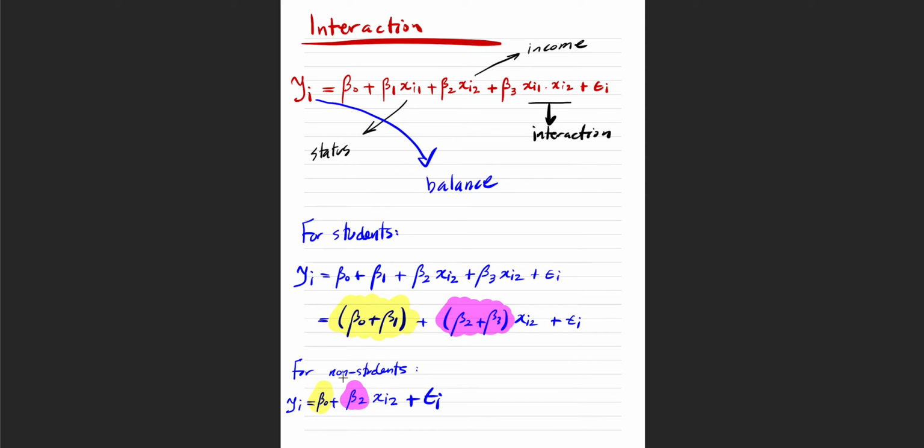So imagine you split the data into two pieces, one for observations which happen to have the status student, and another one for those which happen to be non-student, and you fit two linear regression models separately. It's as if you fit one linear regression with interaction.